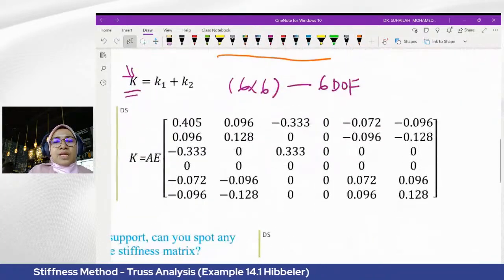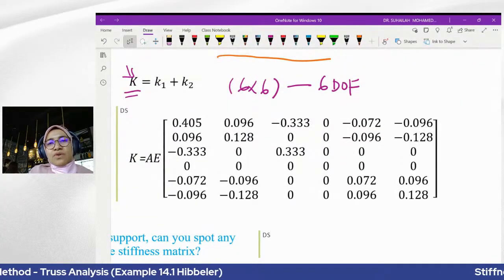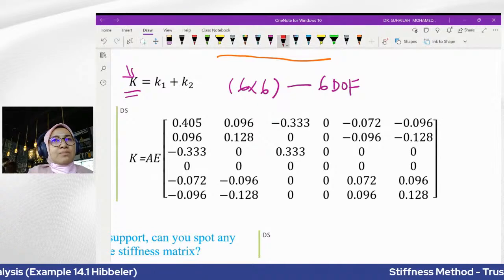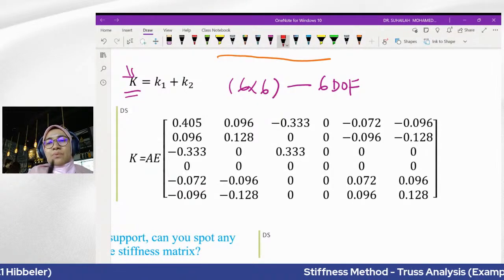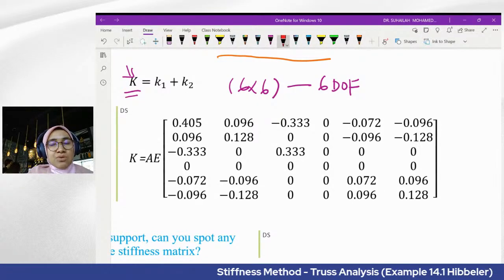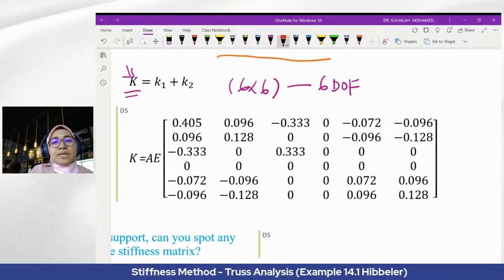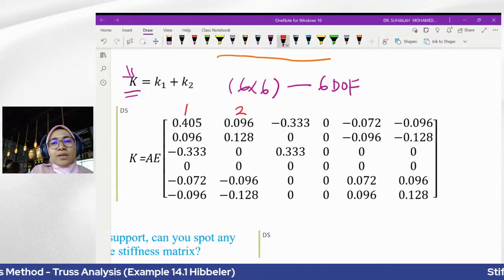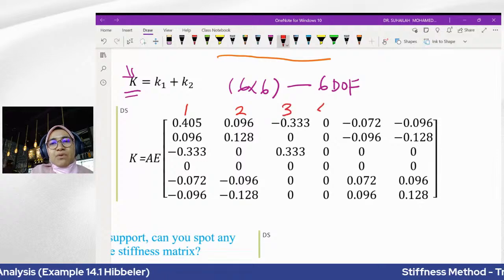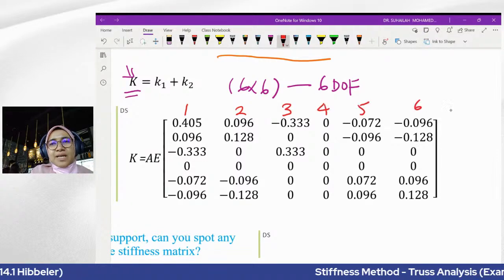For the structure stiffness matrix, we must write the values in order, starting at 1, 2, 3, 4, 5, 6.